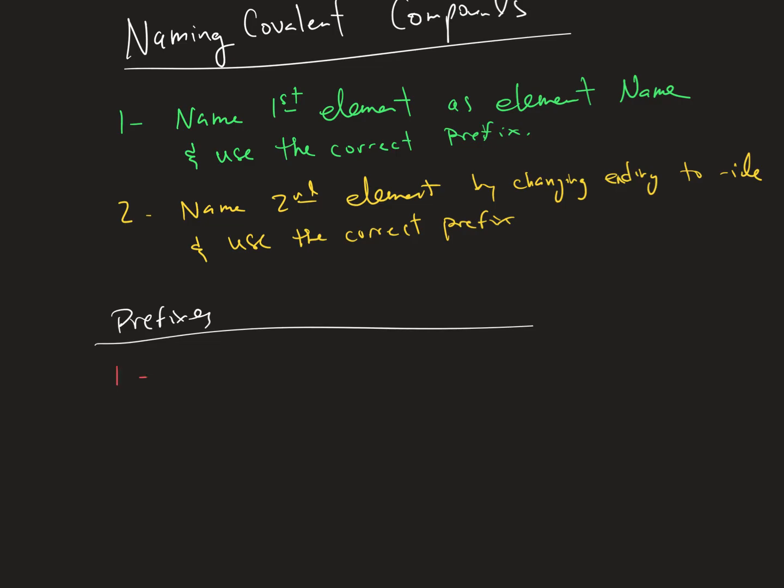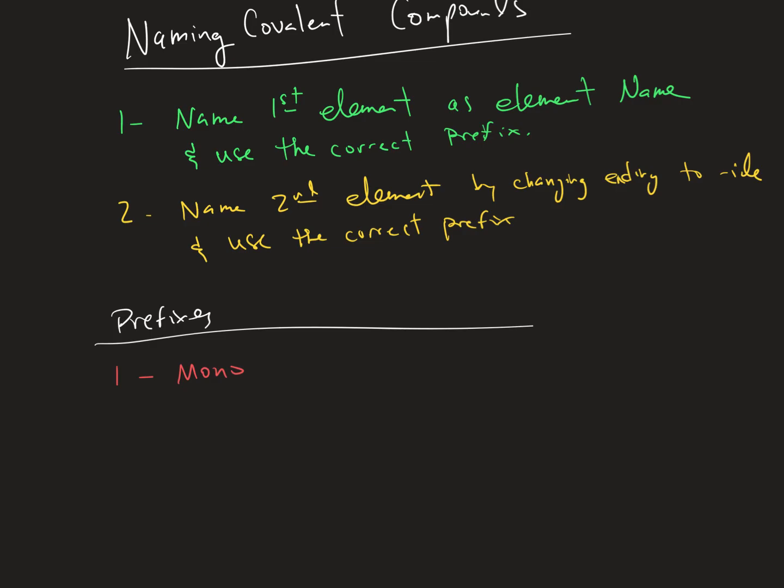Prefix for 1 is mono, kind of like monotone, right? You ever hear a monotone singer? You ever hear people that think they sound amazing? And they're just, Mary had a little lamb, they never changed the tone of their voice.